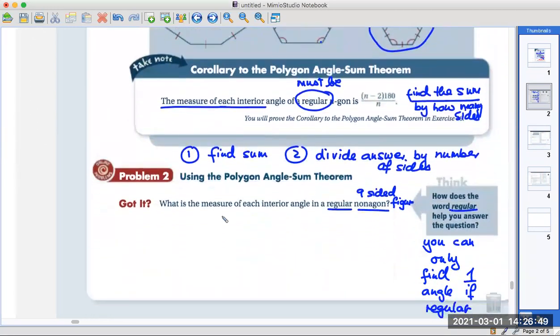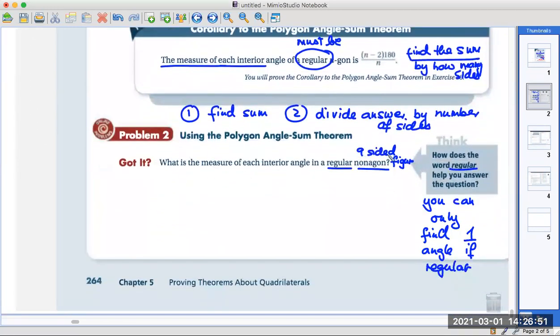Okay, so first let's find the sum. 9-sided figure, take away 2 is 7, multiplied by 180. It's always the same, guys. It never changes. Okay, don't overthink it. So 7 times 180 is 1260 degrees. This is the sum of all the interior angles in a 9-sided figure.